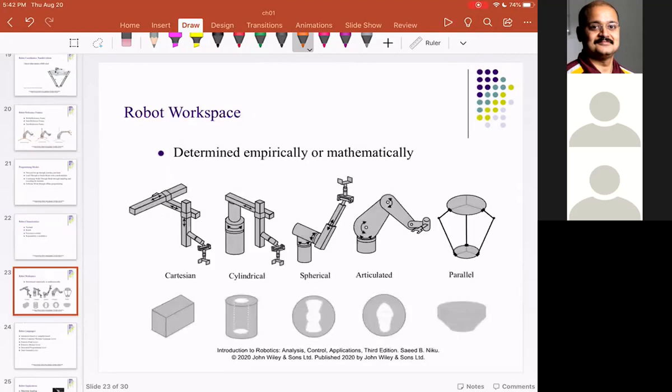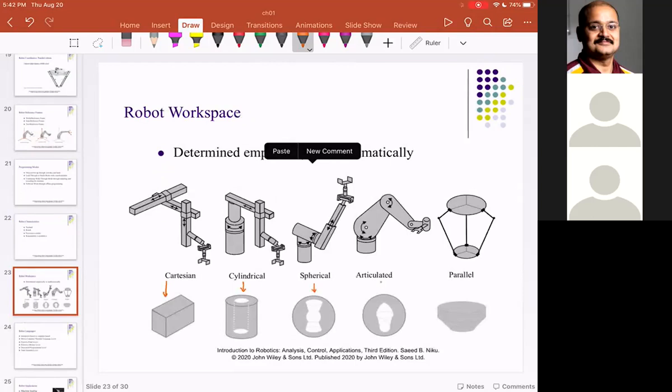Now, robot workspace is determined empirically or mathematically. For example, as shown below, for a Cartesian robot, you have a sort of rectangular block. For a cylindrical robot, you have a cylinder. The spherical robot, except for the areas where the end effector cannot reach, is pretty much symmetrical.